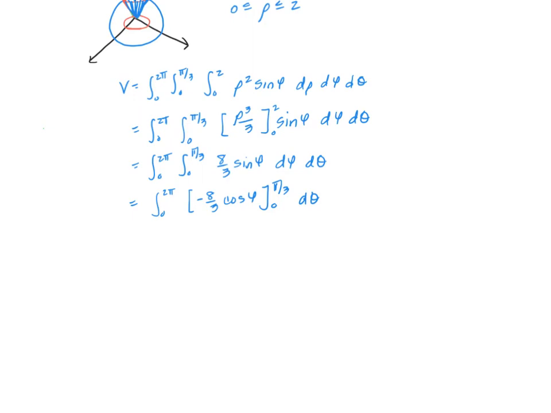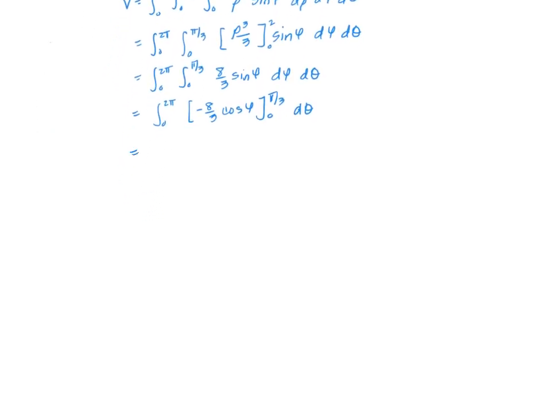Well, I guess it's not that ugly because cosine of pi over 3 is 1/2. So that looks like it's negative 4/3 minus cosine of 0 is 1 minus a negative 8/3. So it's negative 4/3 plus 8/3, which would give me a positive 4/3, I think.